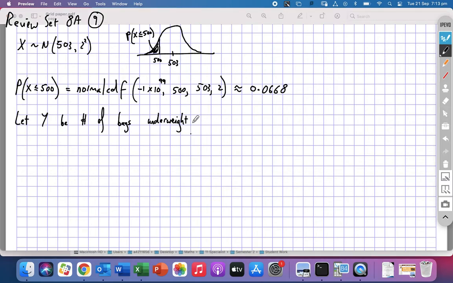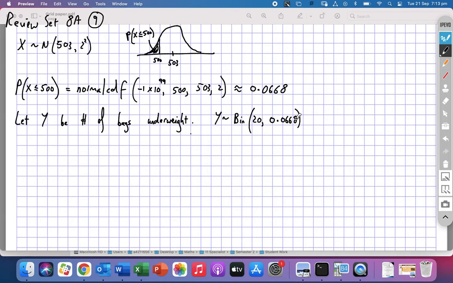So Y is distributed as binomial. There's 20, and the probability that we're underweight on each one is this number I've just worked out, about 6.7%.